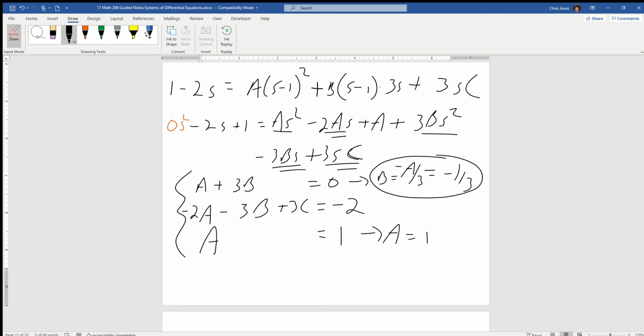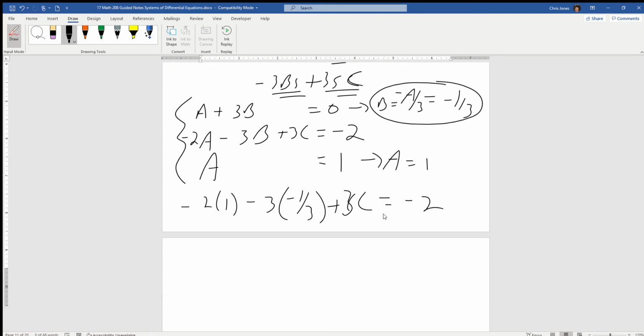And then finally for C, we're going to solve this out, and we end up with minus 2 times 1 minus 3 times negative 1/3 plus 3C equals negative 2. Good news is it's not going to be too difficult. I think it's going to end up being 1/3 or negative 1/3. Now clearly we have a negative 2 on both sides. Those are going to cancel. This just turns into 1, so we get 3C equals negative 1, or C equals minus 1/3.